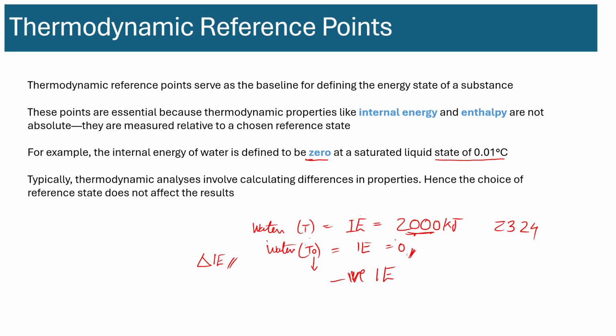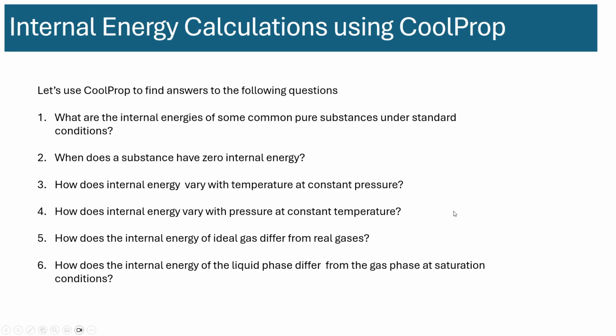Okay. All right. So before we go into CoolProp, let's try to see what we should look into using CoolProp. What are the answers we are looking for? We are looking for what are some of the internal energies of some common substances.